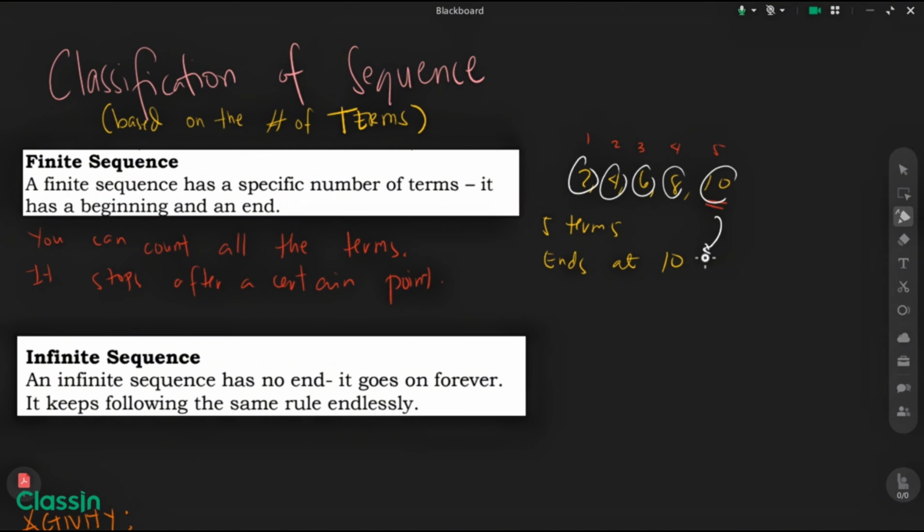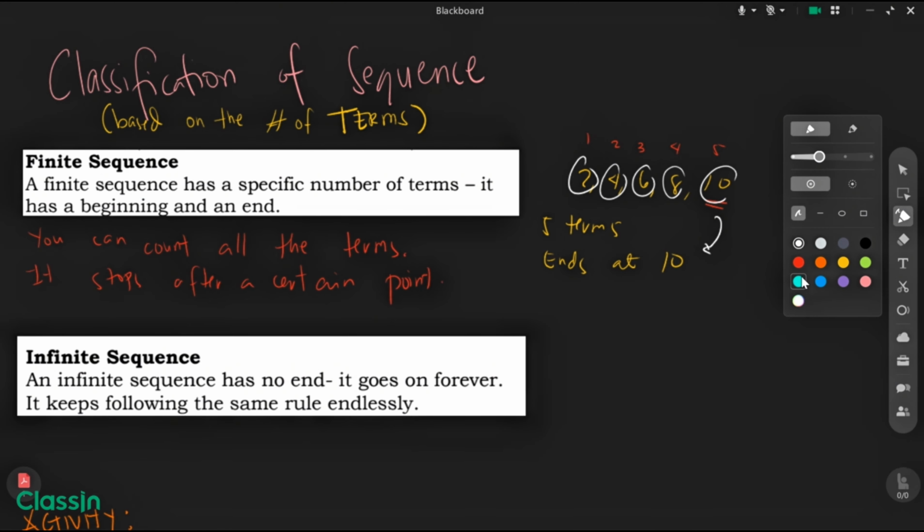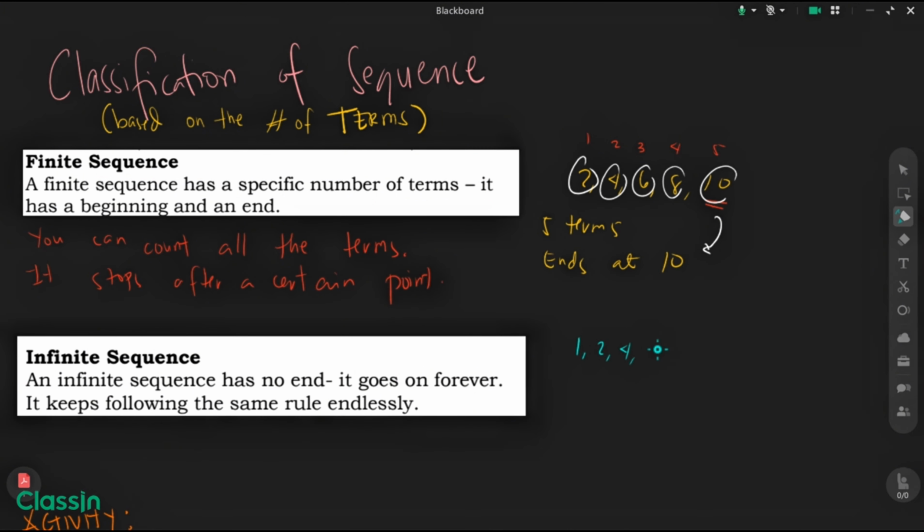Next one is infinite sequence. When we say infinite sequence, it has no end. It goes on forever, from the word itself, infinite or infinity. It keeps following the same rule endlessly. So for example, we have 1, 2, 4, 8, 16, 32, and do not forget to put the ellipses.